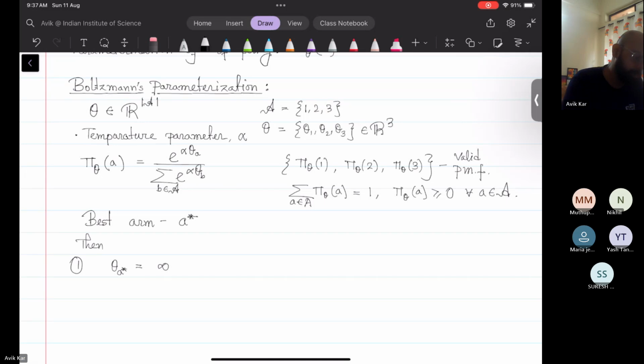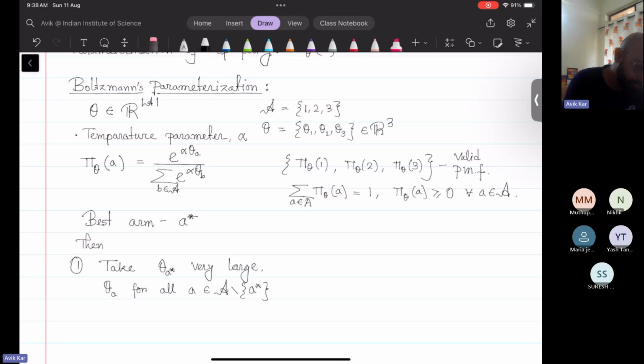And very large. Let us not write infinity, that will create some mathematical problem. Take theta a star very large, and theta a for all a that belongs to this action space, except a star.